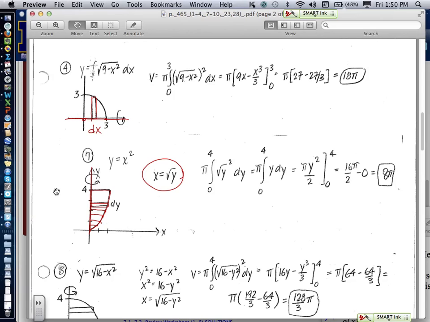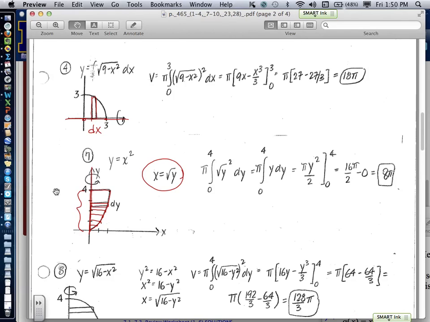So if the x-coordinate this time gives us our radius instead of the y-coordinate, then you're just going to put square root y in your integral. We have to square that by the formula because it's radius squared. And then your limits of integration are going to go in the y direction. So we go from 0 up to 4 for your limits of integration. Okay?